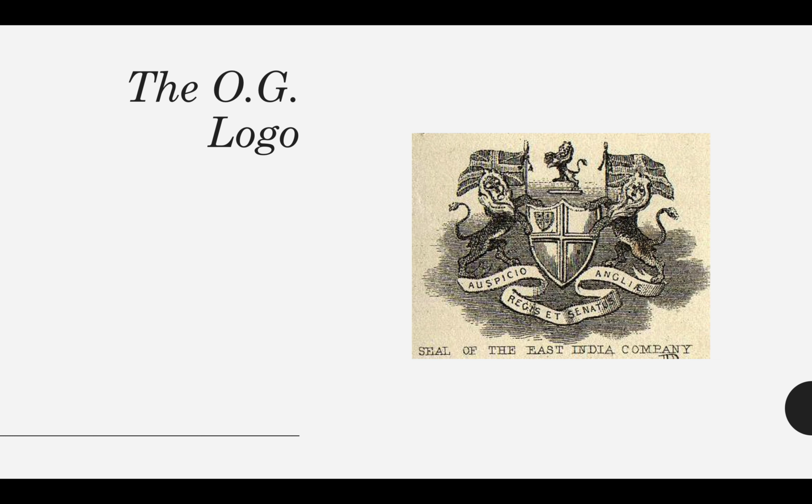You've heard of that one before. But when we think of the idea of original logo, this is kind of how it started. People started marking their products. They realized that distinguishing their product from others was important. So this is kind of how the idea of marking and branding and logos got started.